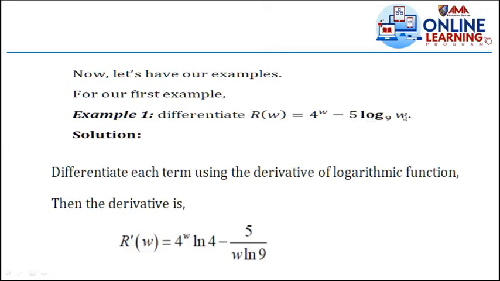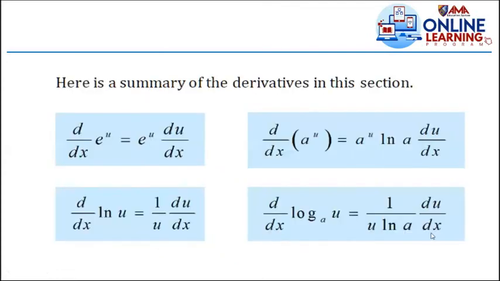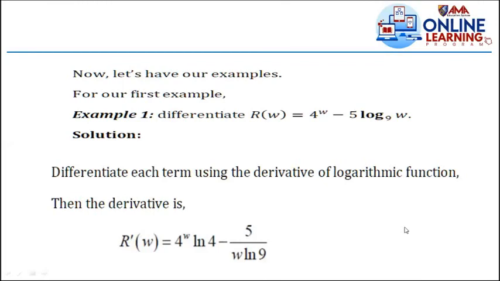Next, for the second term, 5 is constant. Again, log w to the base 9. So our a is equal to 9. Our u is w. So if we're going to get our derivative of w, that is equivalent to 1. So we're going to apply this formula, 1 all over u ln a multiplied by du all over dx.